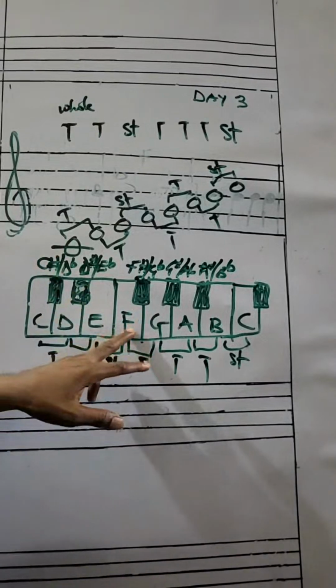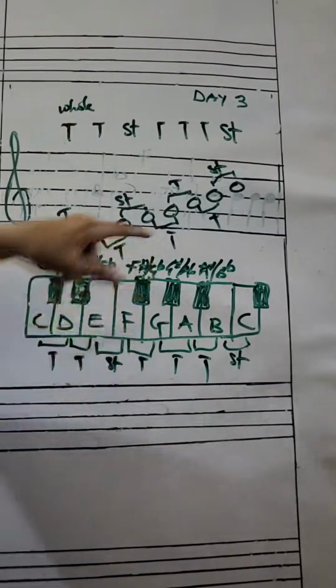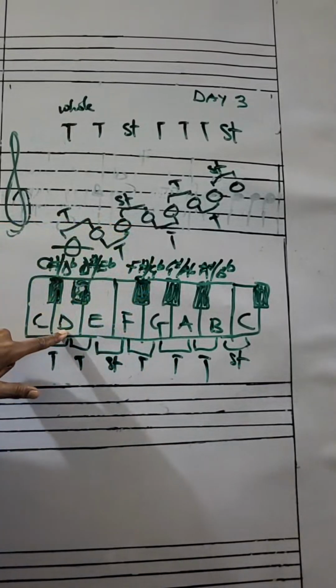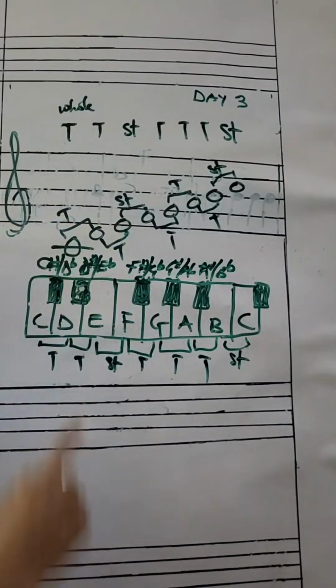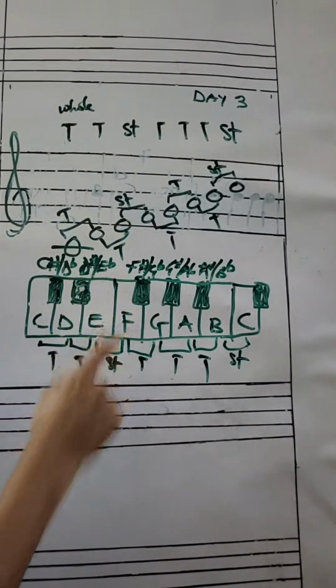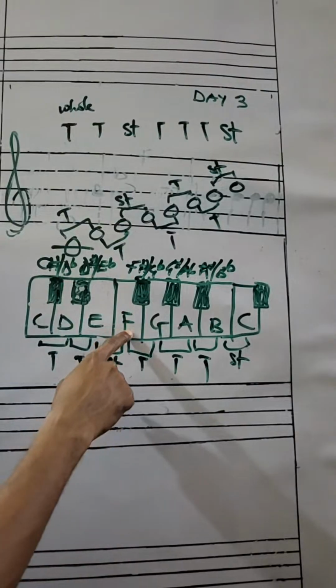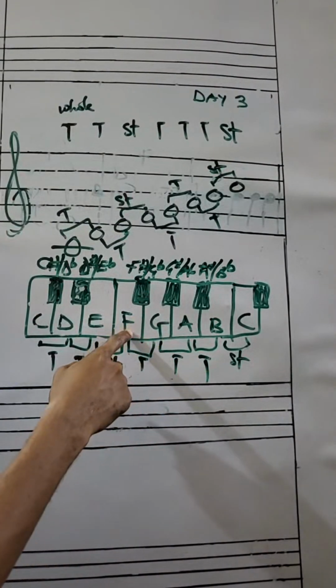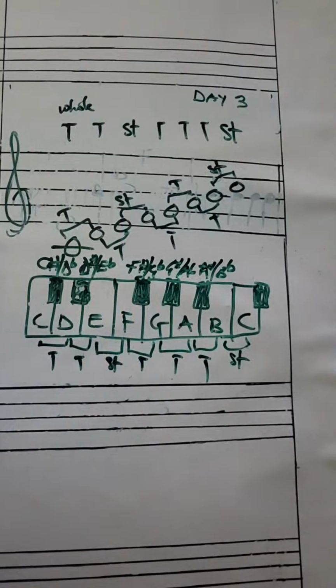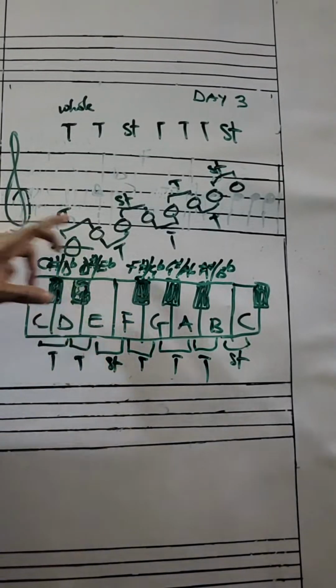That means you are not counting that one. You count your step. So if I'm already on D, I'll count my step 1, 2 to get a tone. If I'm on E, I'll just count 1 to get a semitone. I'm on F, I want a tone, I'll count 1, 2. Just as simple as that. So we have our tone, tone, semitone, tone, tone, tone, semitone.